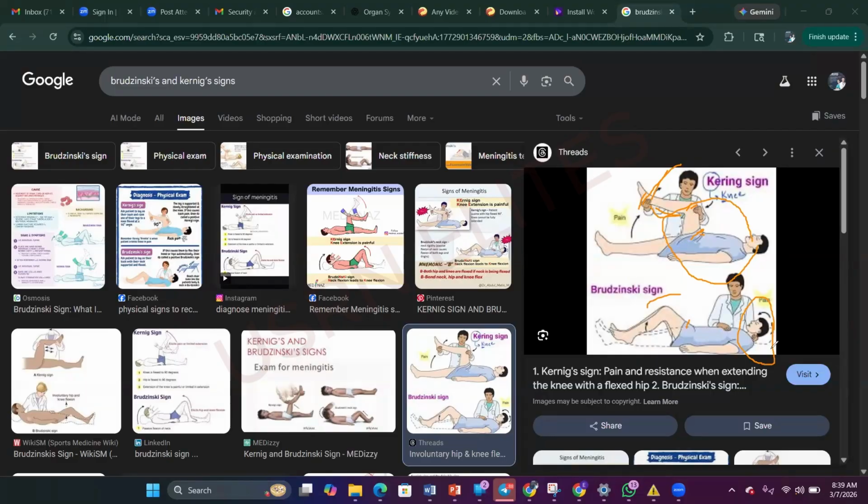And that is a positive Brzezinski sign. So flexing the neck while the person involuntarily flexes the hip and or the knee because of pain. That is positive Brzezinski sign.